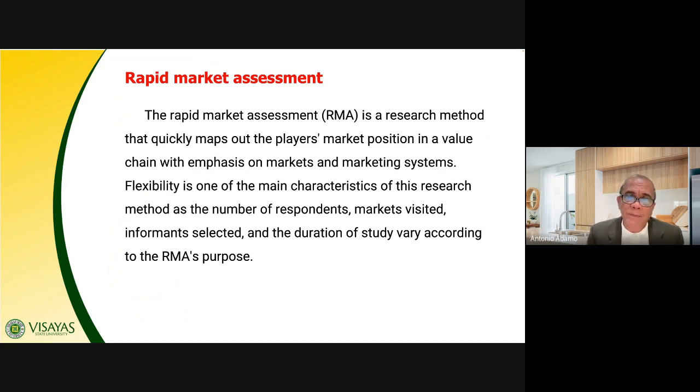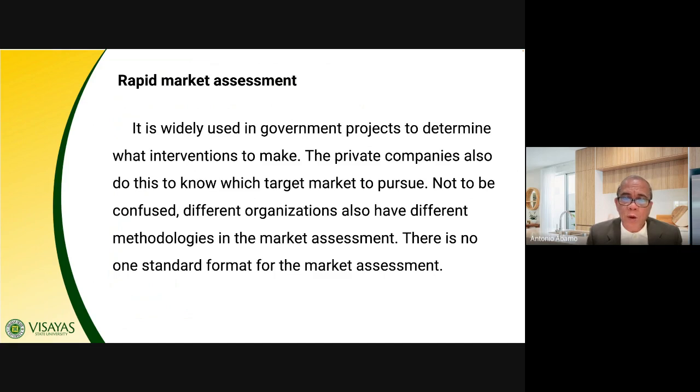Actually, the rapid market assessment is widely used in government projects to determine what interventions to make, for private companies to decide what particular target market to pursue, and of course for organizations trying to know the dynamics of the market.